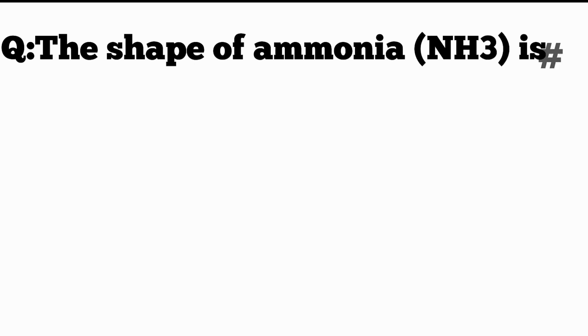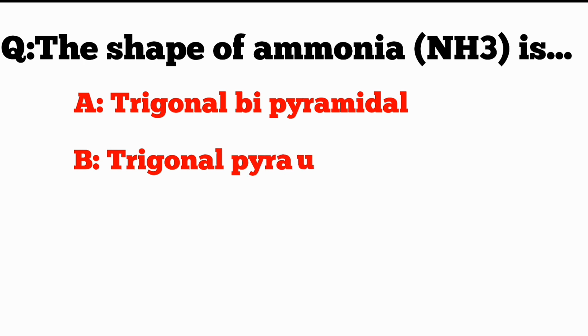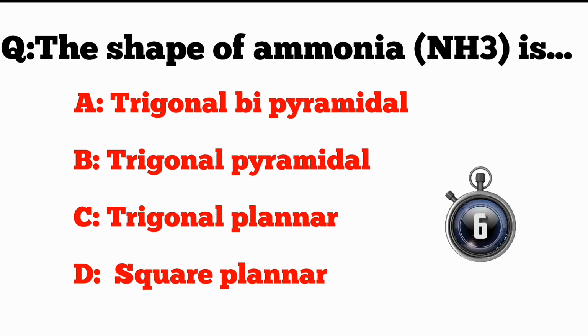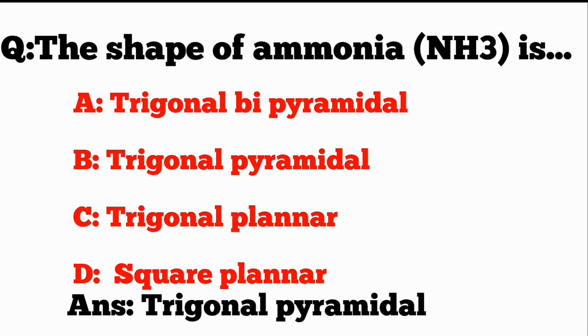Q. The shape of ammonia NH3 is A. Trigonal bipyramidal. B. Trigonal pyramidal. C. Trigonal planar. D. Square planar. Answer: Trigonal pyramidal.